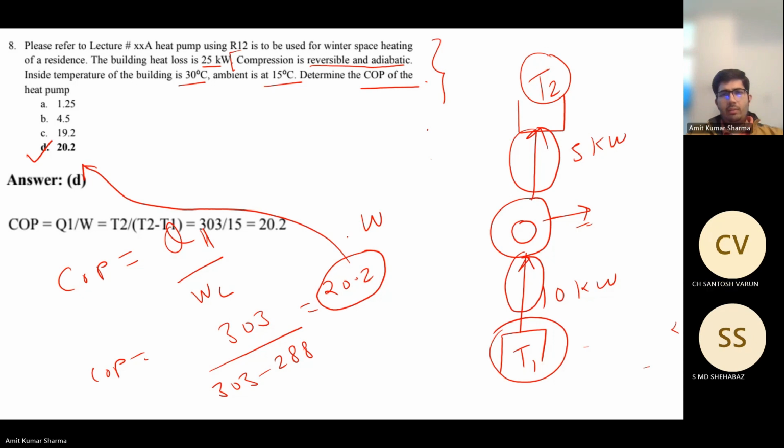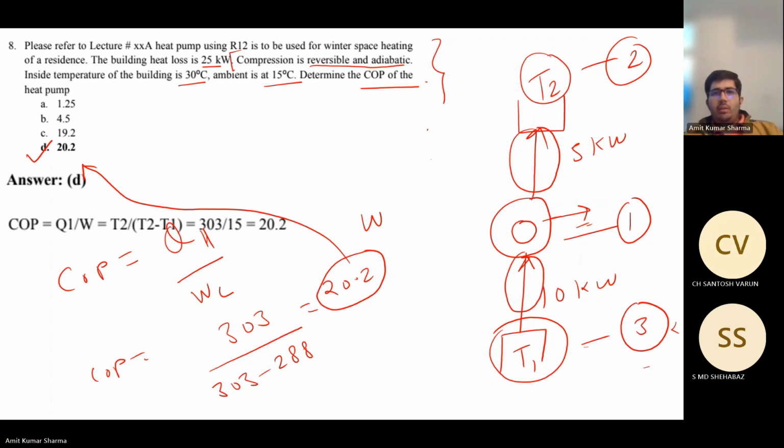Yes. Okay, so just tell me one thing. You have given three conditions. First, the compressor is reversible. Second, you have given T2, and third, you have given T1 also. Suppose if we are going in the forward direction, then this is 5 kilowatt and this is 10 kilowatt.